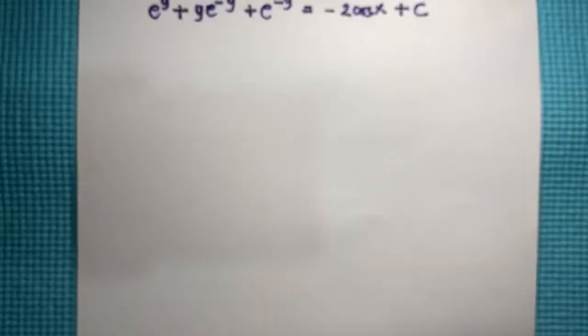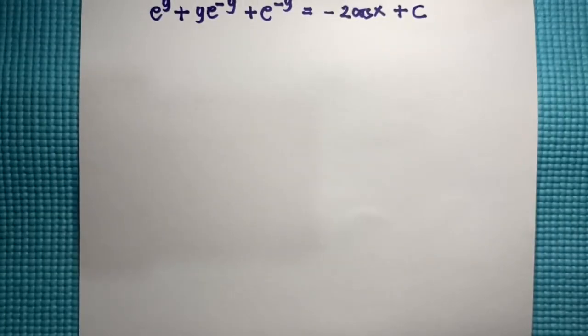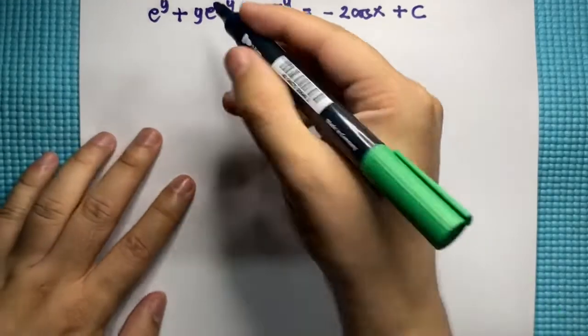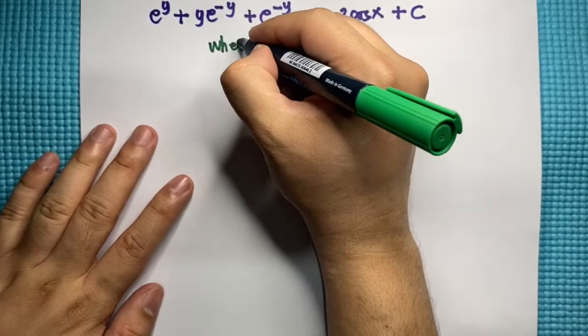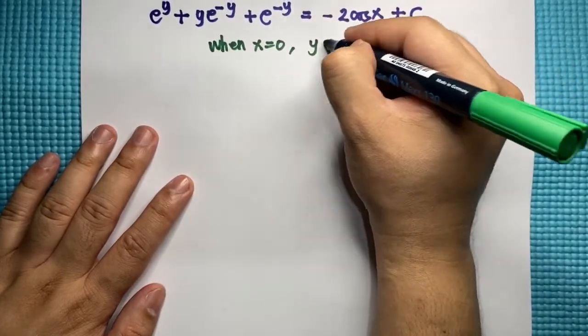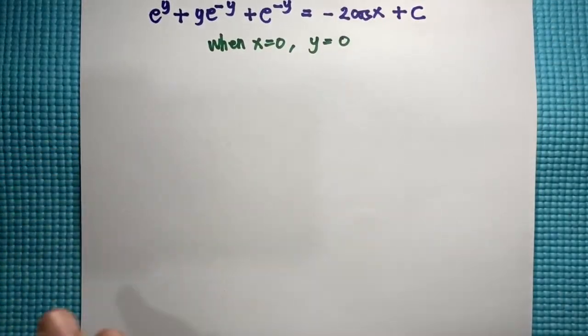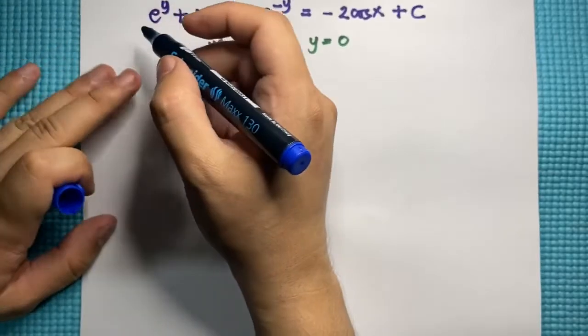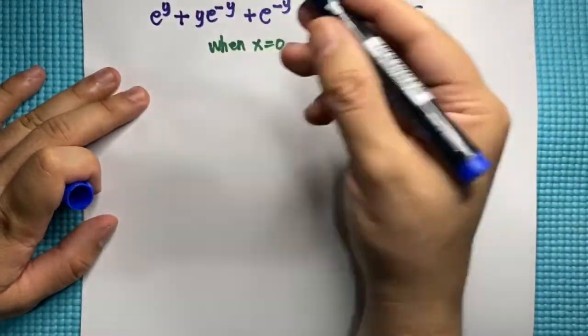Since the given problem is an initial value problem, and it says that when x is equal to 0, y is equal to 0 as well, substituting those initial values will give us the value of our arbitrary constant c.